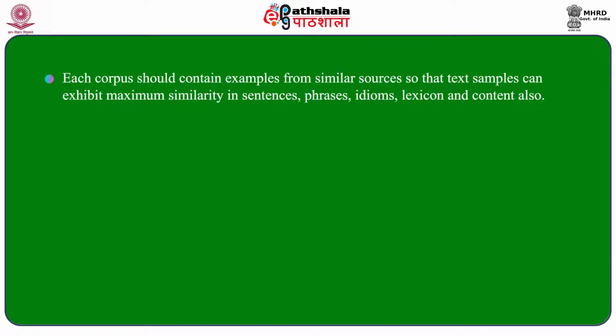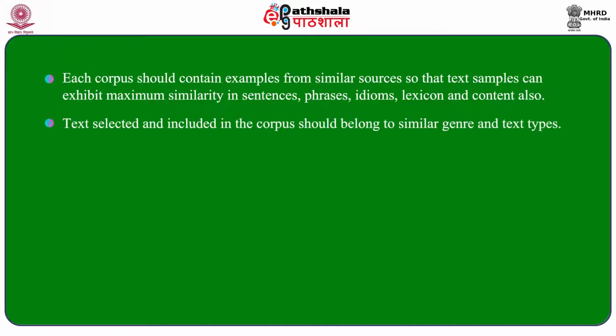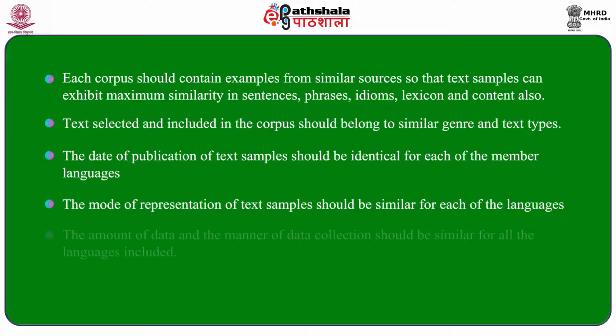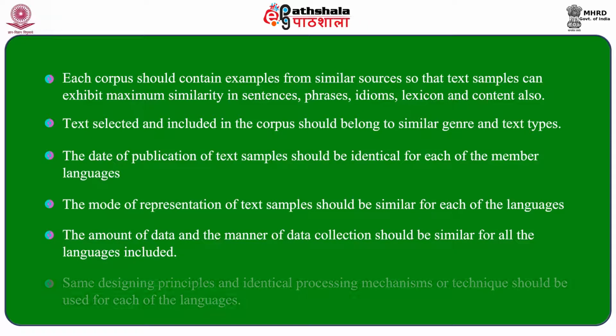What are those parameters? Each corpus should contain text samples from similar sources, so that text samples can exhibit maximum similarities in sentences, phrases, idioms, lexicon, and content also.